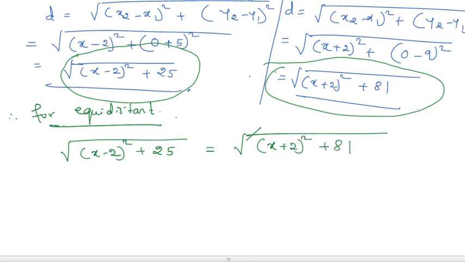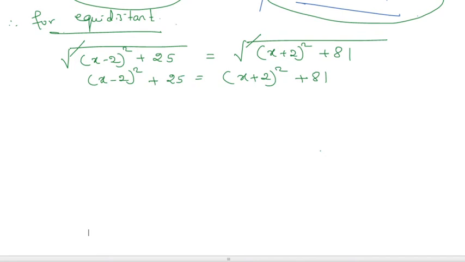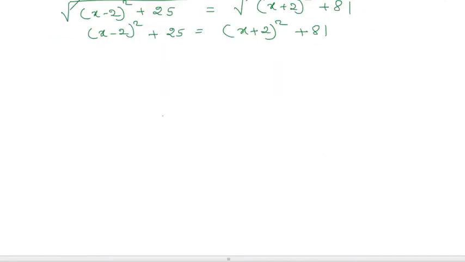Here this square root and this square root get cancelled. What remains here? (x minus 2) whole square plus 25 which is equal to (x plus 2) whole square plus 81. Now, it is which form? (a minus b) whole square formula. Expand this one.